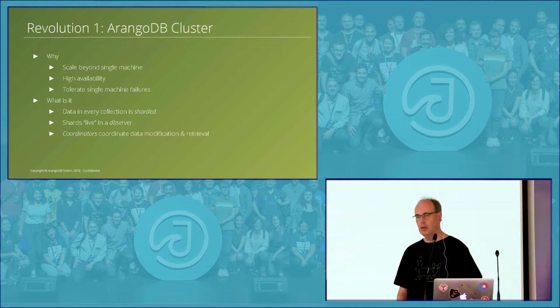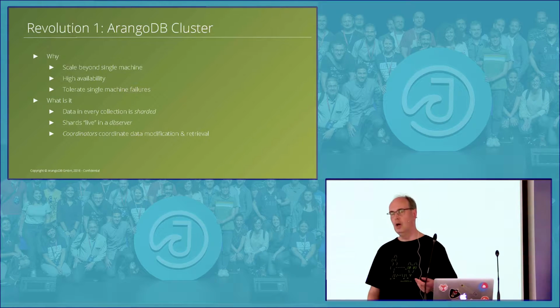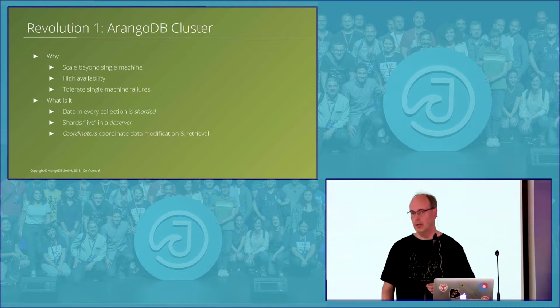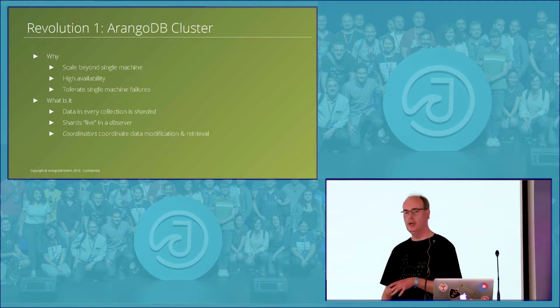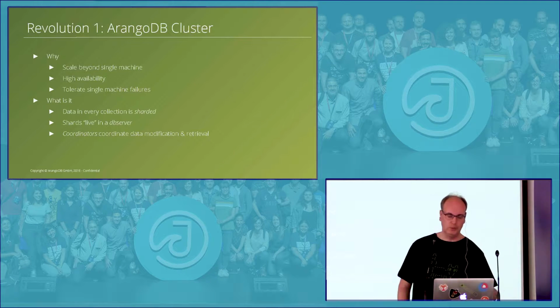I'm not going to give a very big talk about the cluster itself, but just to give you an impression: in order to make this cluster work, we have 3 different types of servers that you will be running. They are all running in the same binary, so that's easy, but they're running in different modes, and we'll see that later on when we come back to Kubernetes.